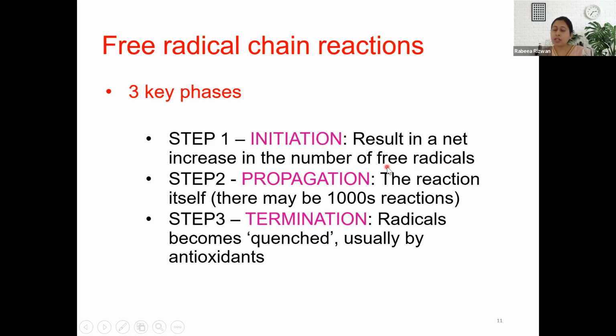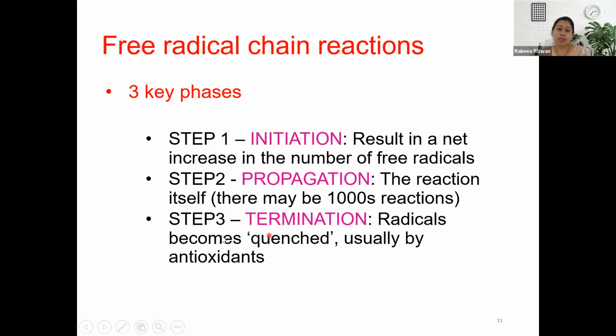Propagation means the continuation of this chain reaction, and thousands of simultaneous quick reactions can occur one by one, because free radicals are highly reactive and unstable. That's why it is called propagation, continuation in a blink of time.